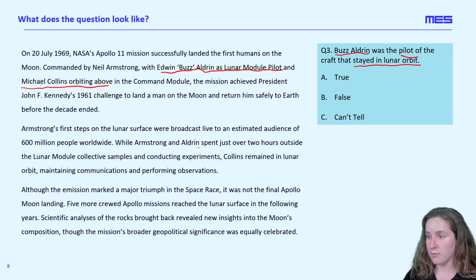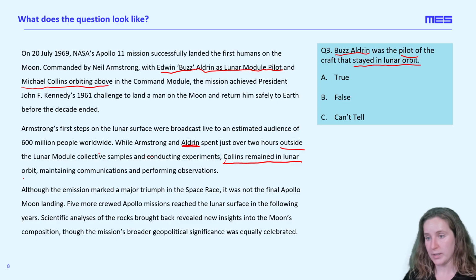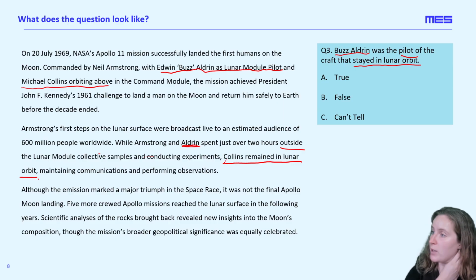Based on the other information we looked at for the first question, it says Aldrin spent just over 2 hours outside the lunar module collecting samples, and that indeed it was Collins that remained in the lunar orbit, maintaining communications and performing observations. So though in the first paragraph it says that he was the pilot, it was actually Collins who remained in orbit and stayed in the craft, doing the communications and observations there.